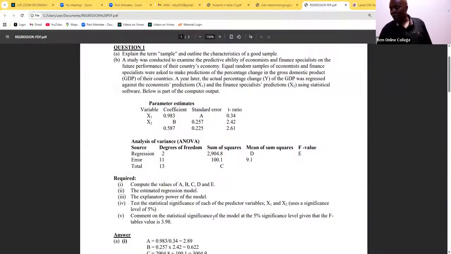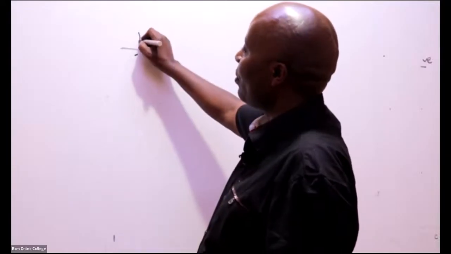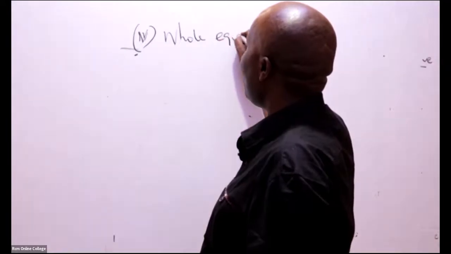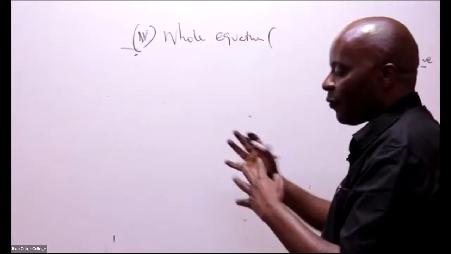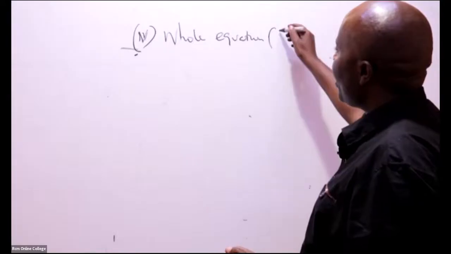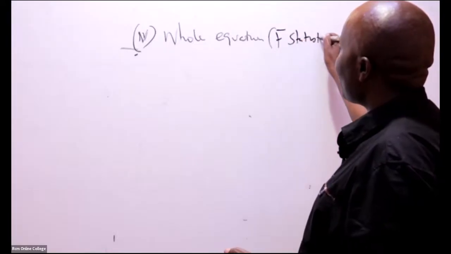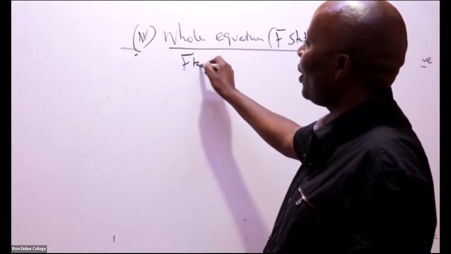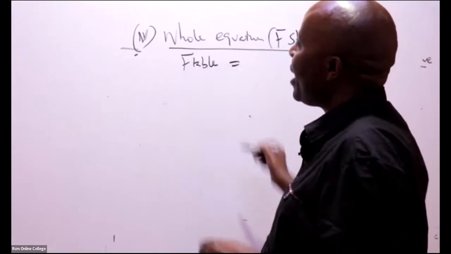So you can see here: comment on the statistical significance of the model at the 5% significance level, given that the F table's value is 3.98. Now, in this case, we are looking at a whole equation, number 5, actually. The whole equation, you do the F comparisons. So it is the F statistics, where you start with the F table.